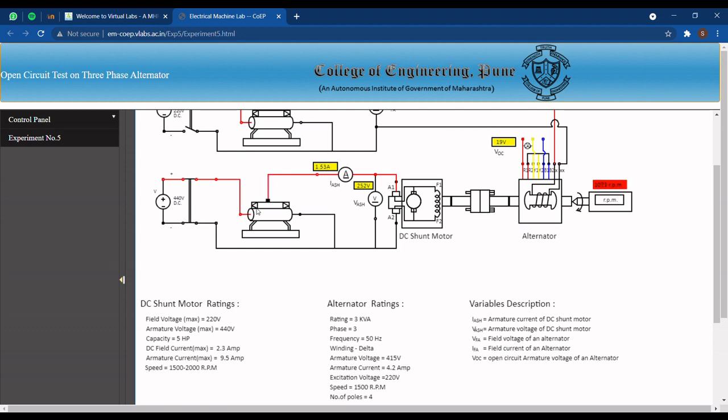As I increase the DC voltage across the DC shunt motor, the field current of the DC shunt motor also increases.